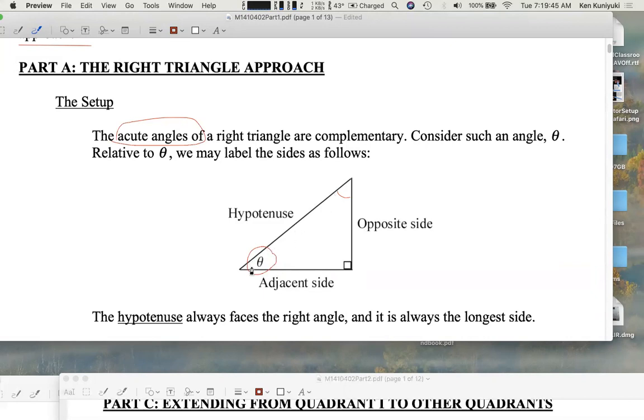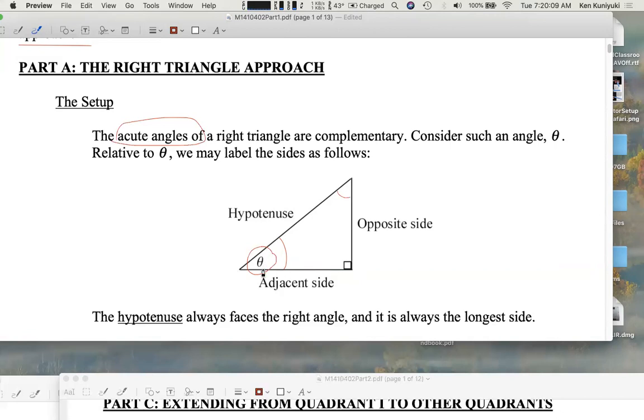We're going to look at one of these, and make sure that you clearly indicate which angle you're talking about. I want to know that you're talking about this angle, for example, as opposed to this one. Okay, so relative to this angle, labeled theta, this here is the opposite side. It's the side that this angle faces. It's the opposing side.